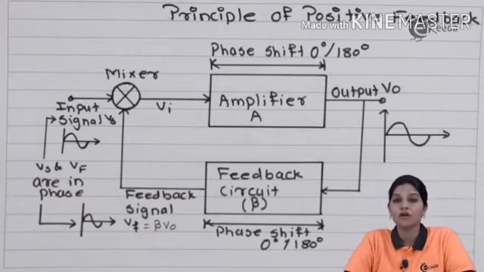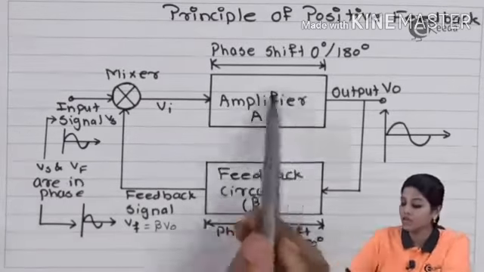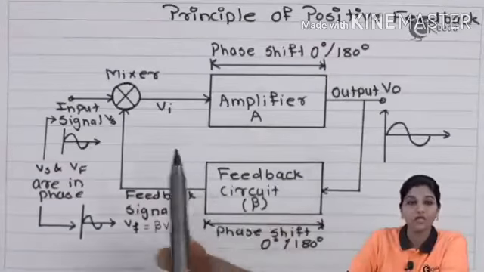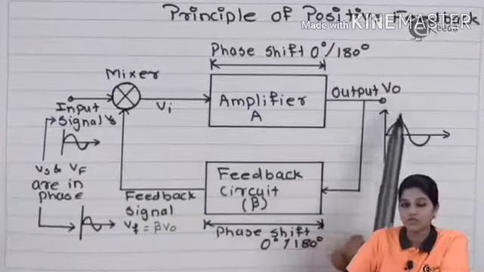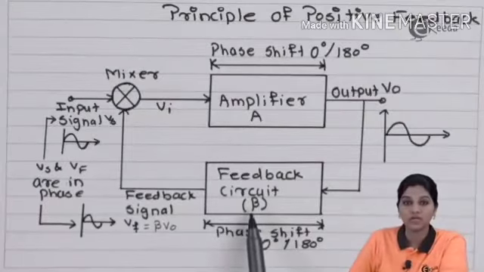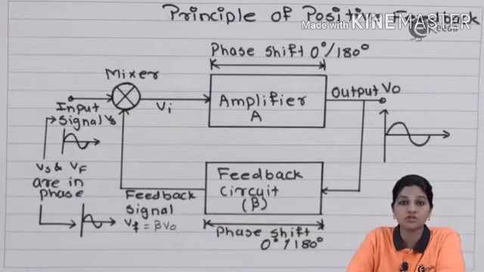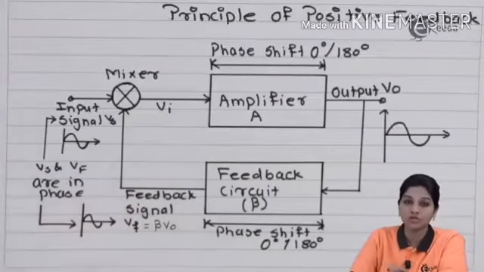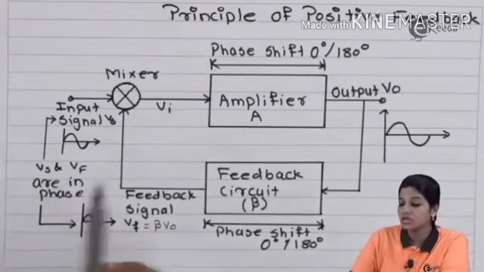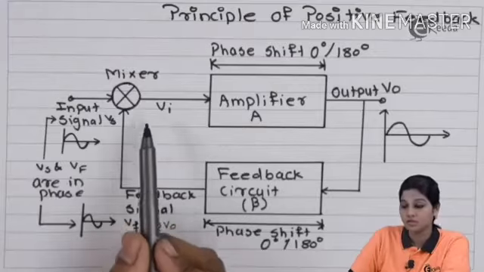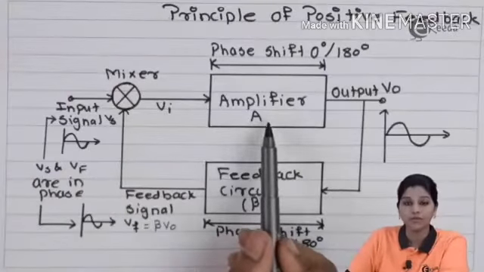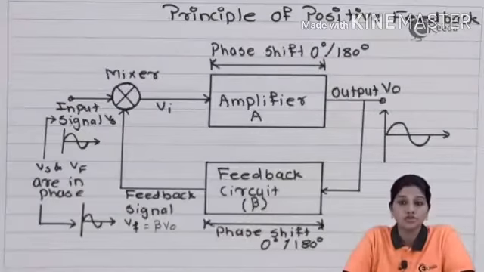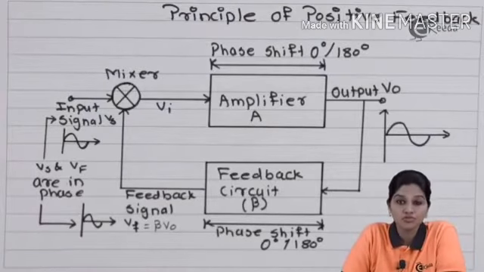From the block diagram we will come to know that here we are using an amplifier having gain A. The output voltage is Vo, the feedback network has gain beta, or we can say beta is also called the feedback factor, and the input signal Vs is applied to the mixer and then applied to the amplifier. Suppose we assume that the amplifier used here is a non-inverting amplifier.